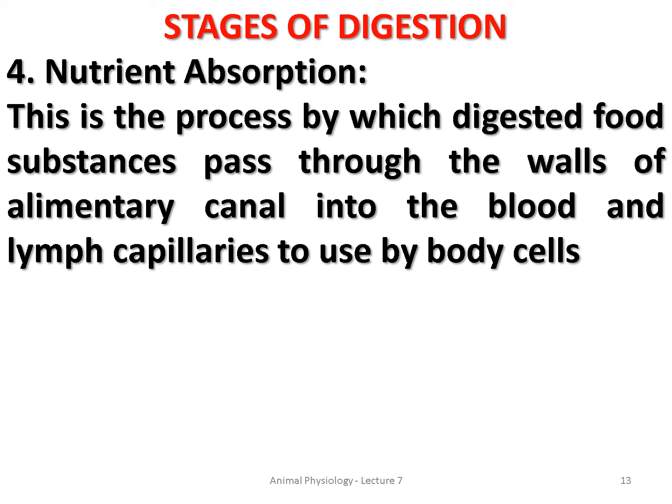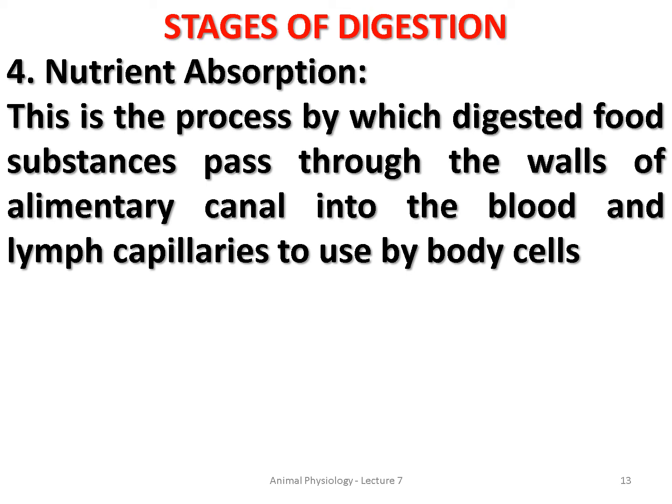Now the nutrients in the food should be absorbed by our body. This is the process by which digested food passes through the walls of the alimentary canal and then into the blood and lymph capillaries to be used by body cells. So that process is said to be nutrient absorption.